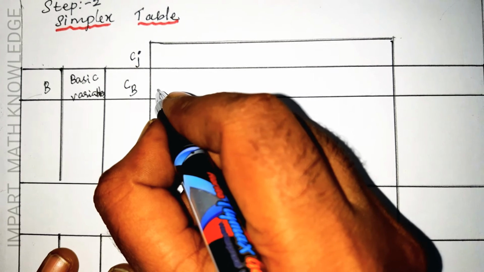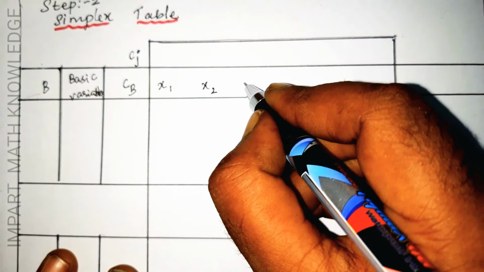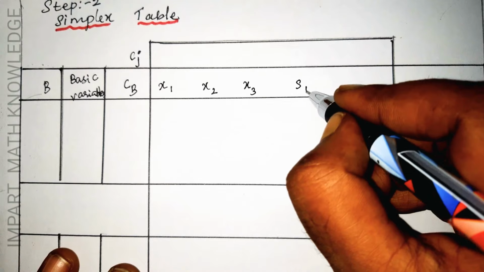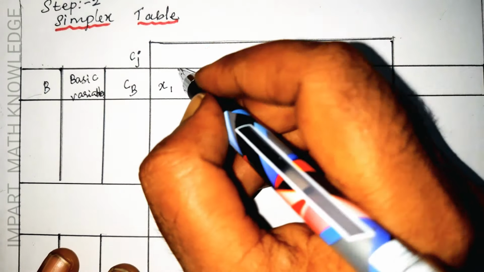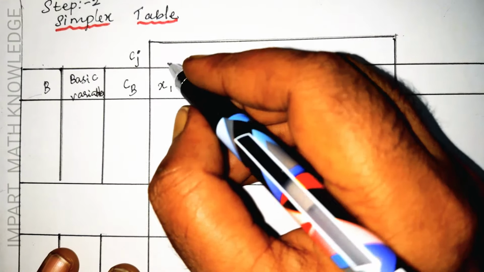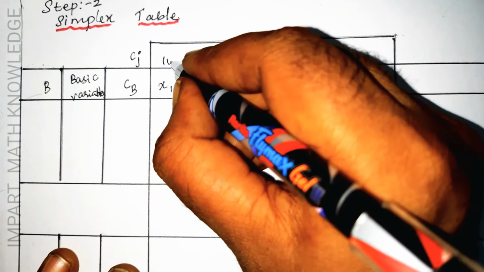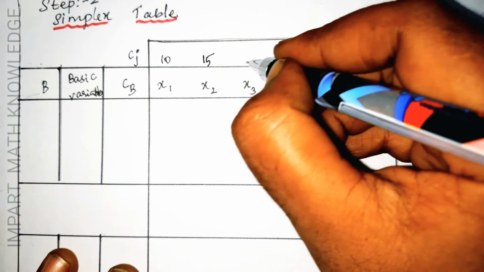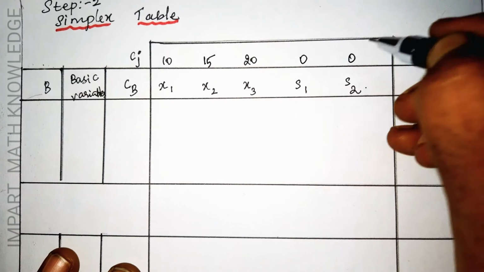Now you have to write all the variables in the given problem: x1, x2, x3, s1 and s2. The cost for those variables are 10, 15, 20, 0 and 0, taken from the objective function.